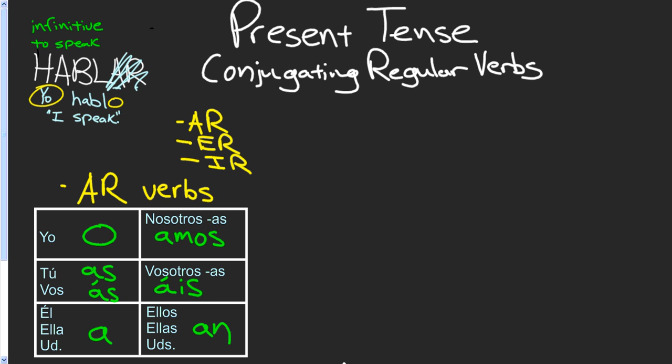And do notice that the vosotros form does have an accent over the a, as does the a in the vos form. And so as an example, if we want to say that we swim, start with nadar, which is the infinitive. We want to get rid of the last 2 letters there. We're left with the stem, nad. And we want to use the nosotros ending, which would be amos, so nadamos, we swim.